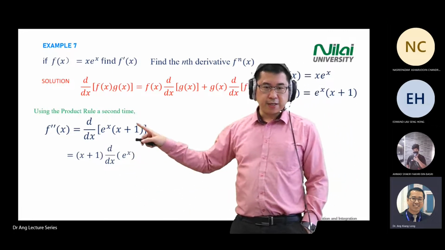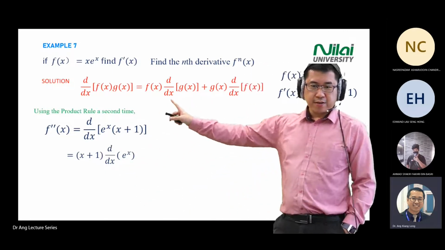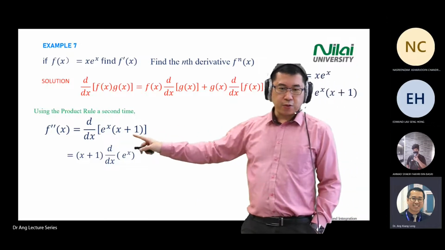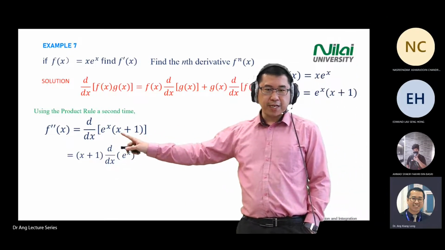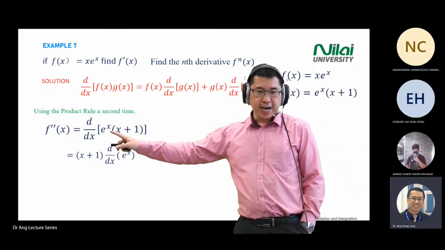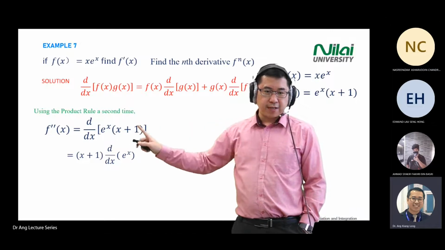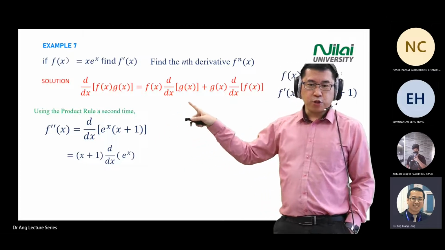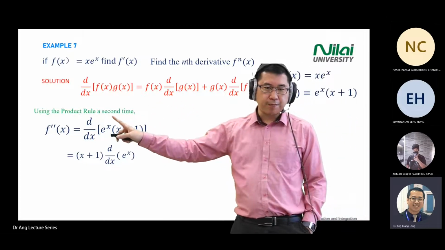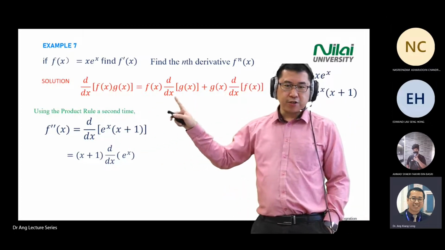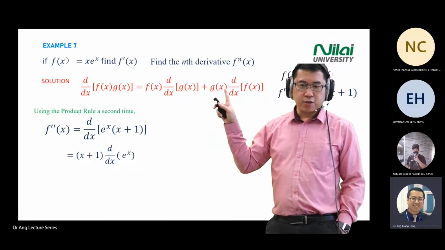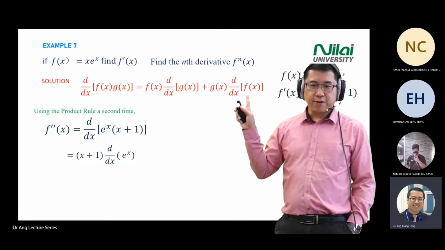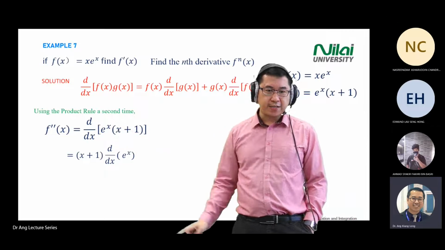And then this one is another function. If you need to differentiate the multiplication of two functions, ex is a new function now, and bracket x plus 1 is the gx now. You use back this equation: fx, you substitute, differentiate gx here, plus gx, which is this one, differentiation of ex.